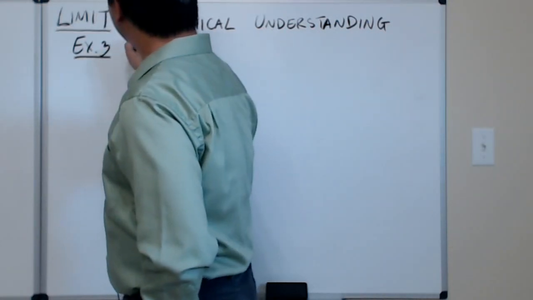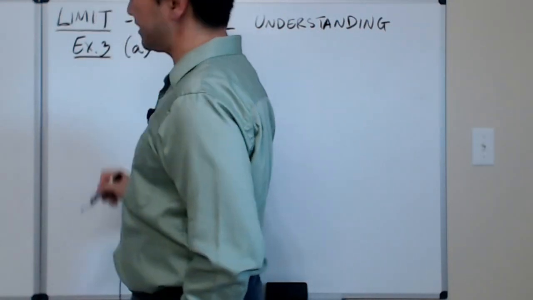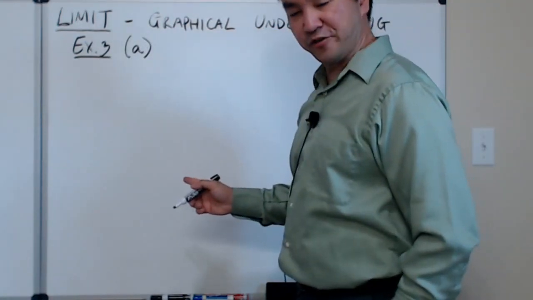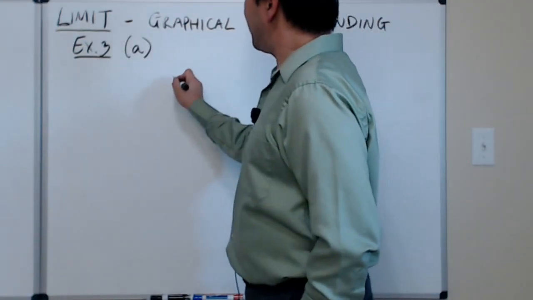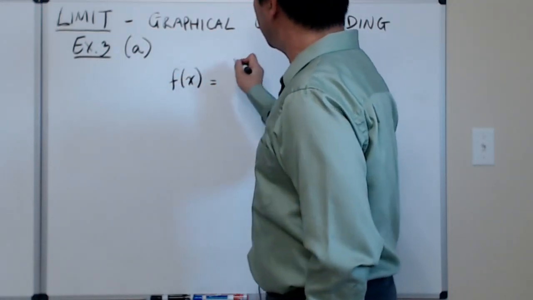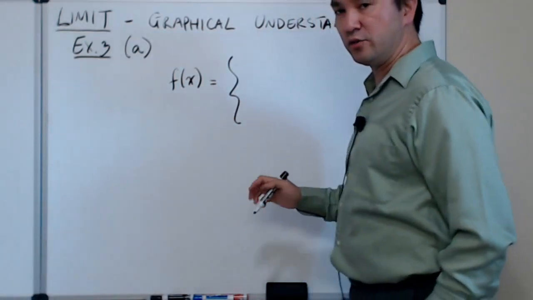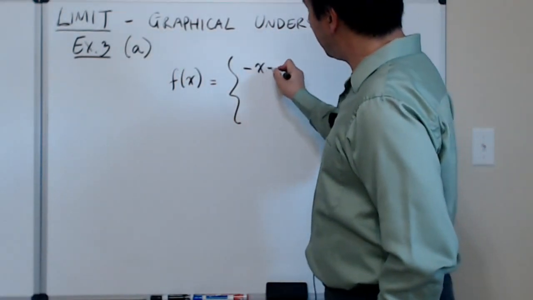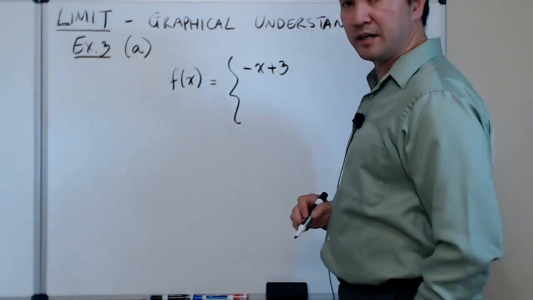But we only want to focus on part A of example 3. So our function was a piecewise function in example 3. F of x was defined to be, and I only need to quickly recall, and I'm going to have to erase this, but minus x plus 3. It was this one piece right here.